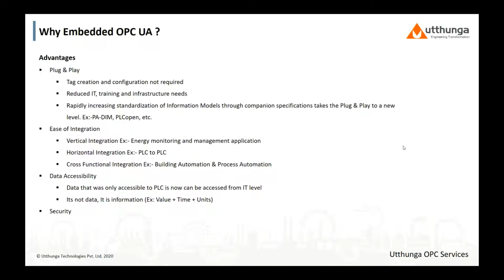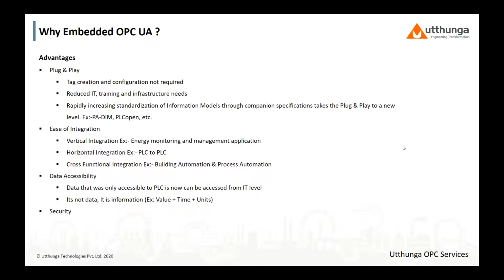All such possibilities are suddenly real. And then cross-functional integration. For example, your factory building is running on a separate building automation system, and the factory itself is on a separate factory automation system. With OPC in devices, the integration between these two becomes possible.